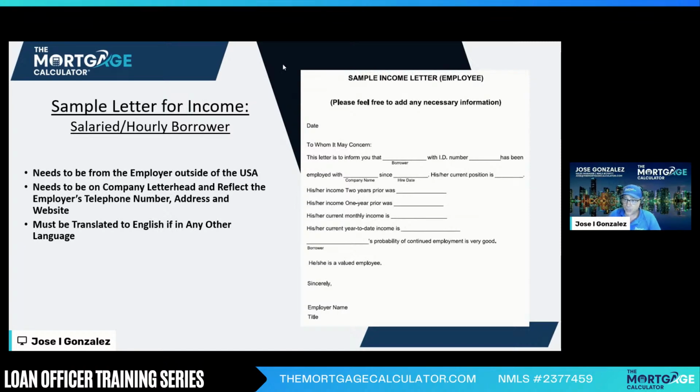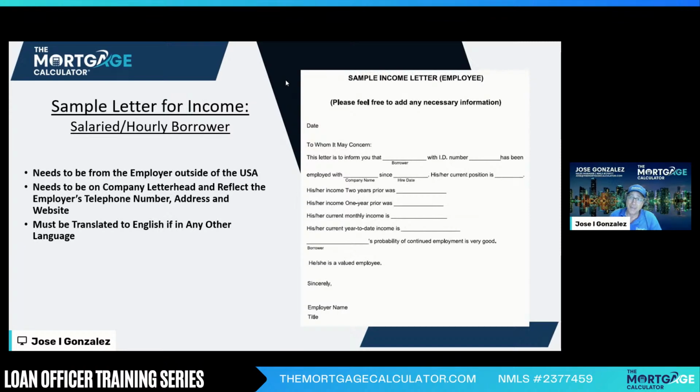So foreign national loans are pretty basic, and the documentation requirements aren't that difficult. What's more difficult is logistics and getting everything in English, right? If you ask for the documents in English, then you will hopefully receive them in English.